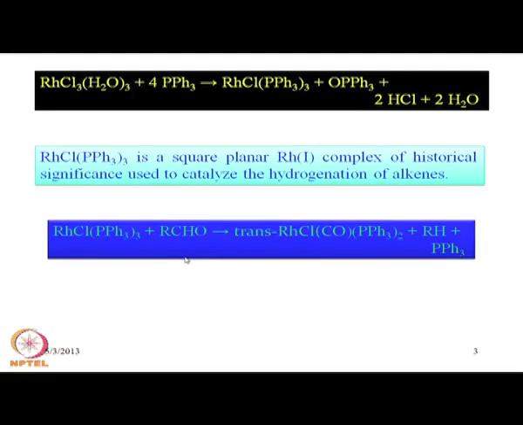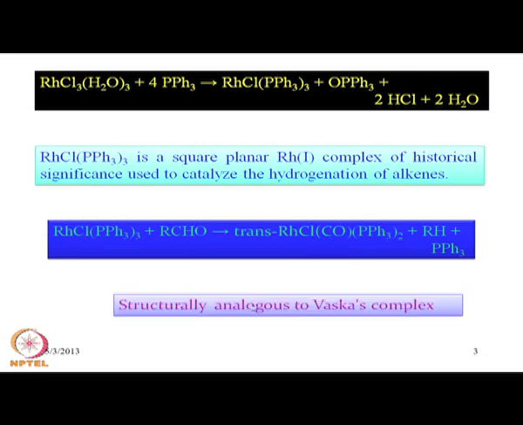So, it is a very nice example of a transition metal complex of the carbonyl group, because the carbonyl clusters, we have seen in the case of nickel tetracarbonyl. Similarly, very easily we can make the carbon monoxide compound of rhodium in presence of triphenyl phosphine.